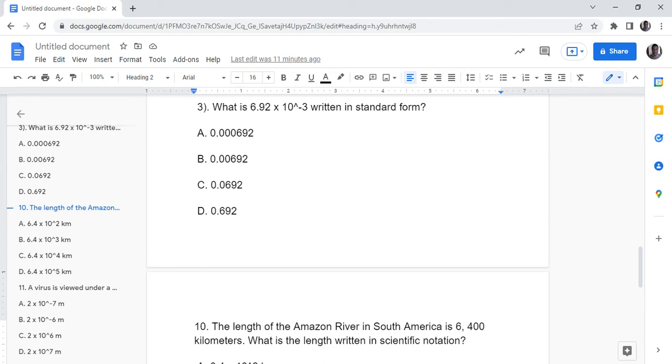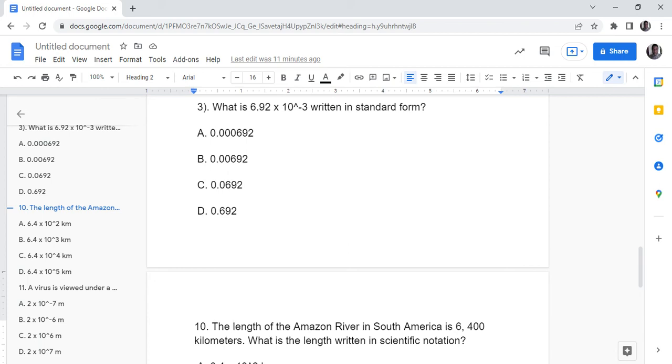Whenever there is a negative exponent, that number is the amount of zeros that are supposed to be in your answer.